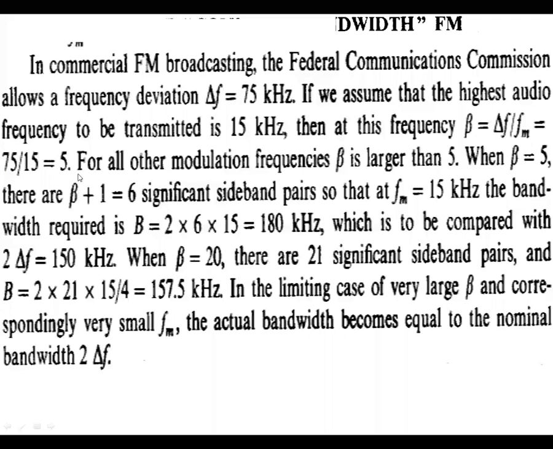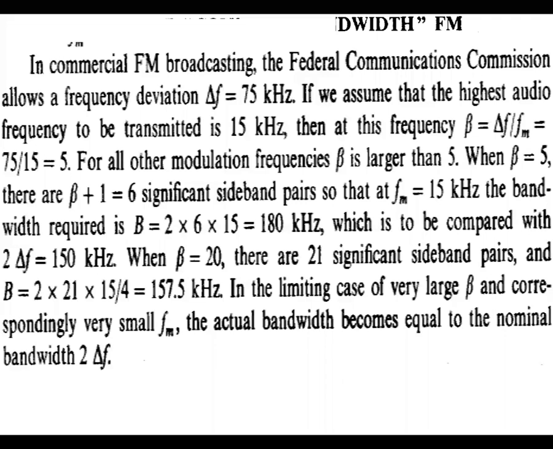So for commercial broadcasting, the beta value is 5, because delta f is 75 kHz and fm is 15 kHz. These values are very important, and some of them are asked in the GATE examination also, so please remember them. The delta f of commercial FM is 75 kHz.